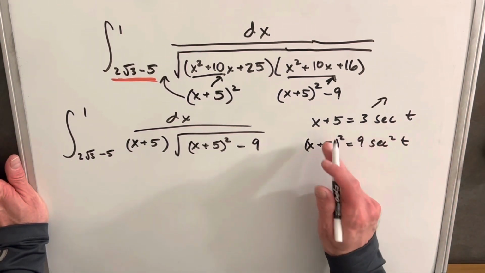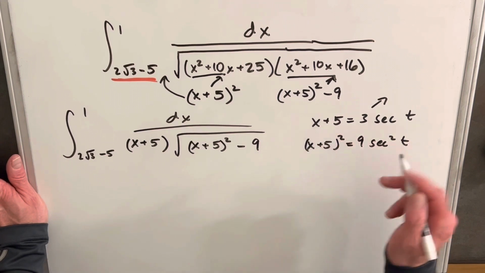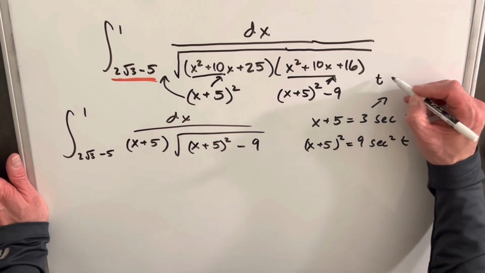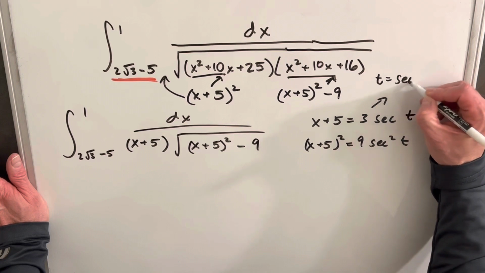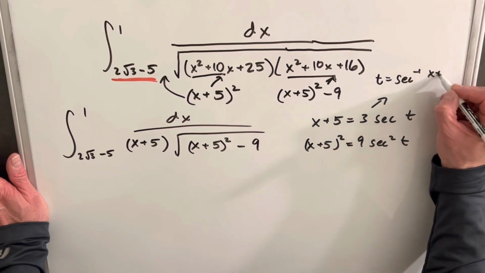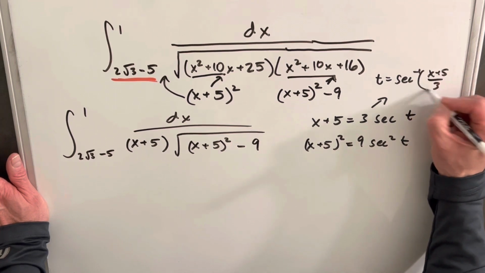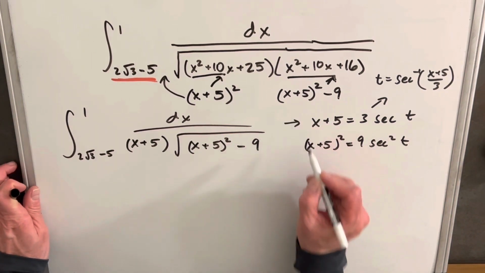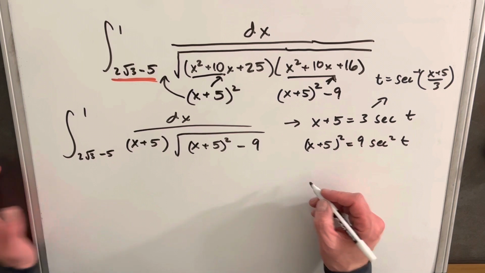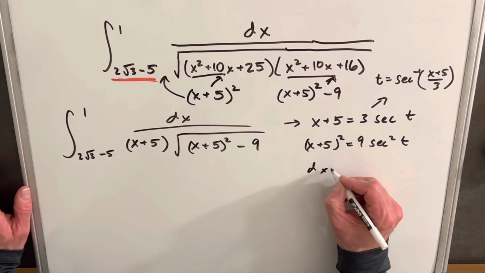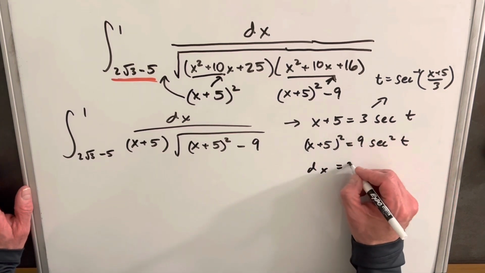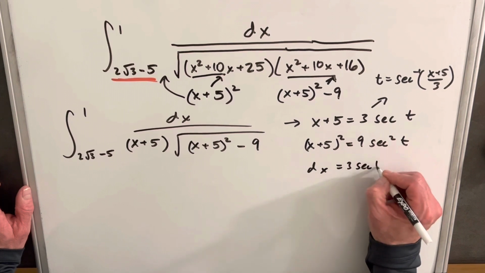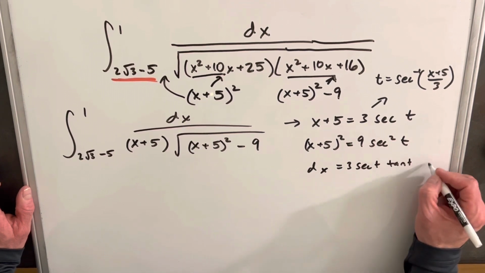If we divide by 3, we'll have x plus 5 over 3, and then we'll take an inverse, so t is equal to sec inverse of x plus 5 over 3. And we'll get our dx by taking the derivative on this line. The derivative of x plus 5 is just dx, and this one is going to be 3 secant t tan t dt.